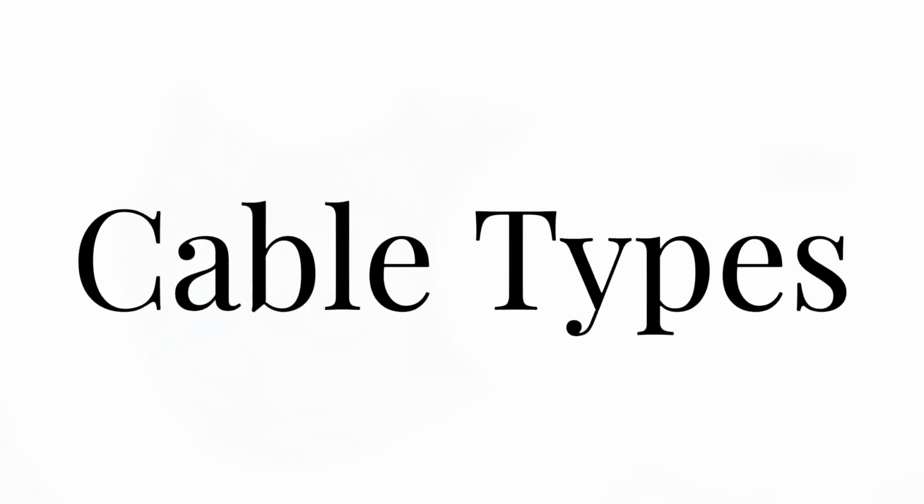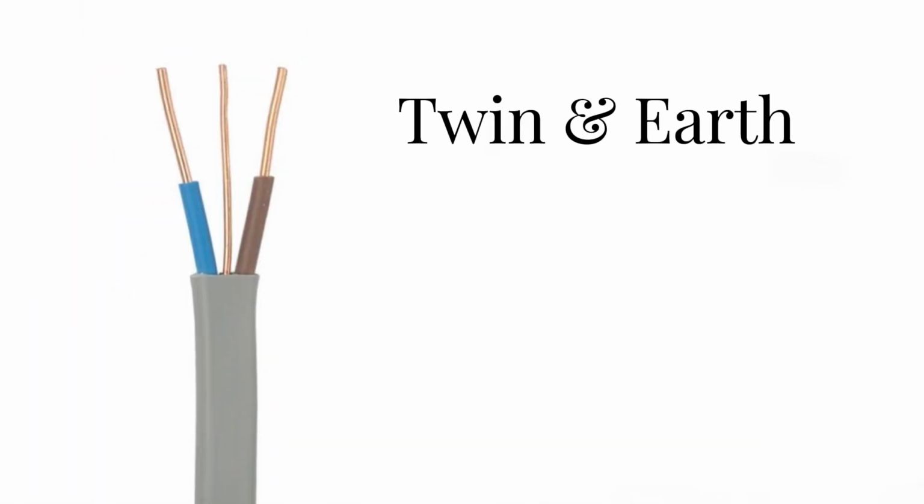Now that we understand cable size, let's talk about the actual cable types. The insulation and construction matter just as much. For example, twin and earth, often marked 6242Y.